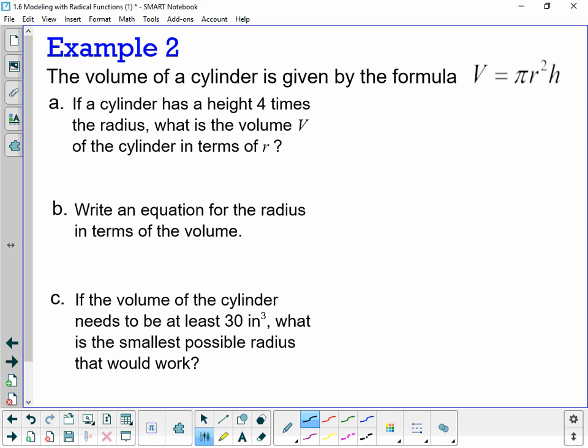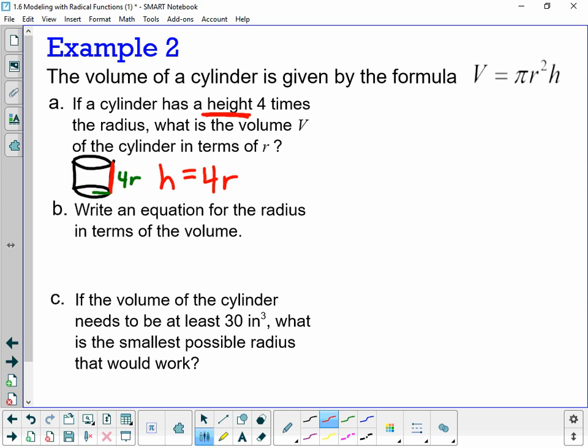So a cylinder looks something like this. And so this is saying that the height of the cylinder is equal to 4 times its radius. The height is equal to 4 times the radius. Well, we can use that.